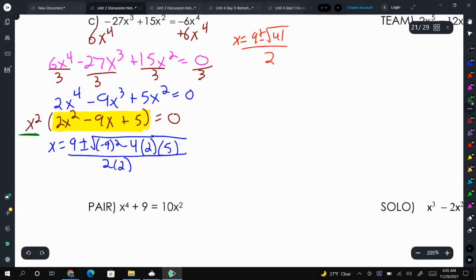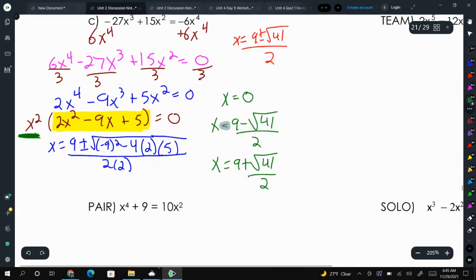We also have to worry about this x squared, so my solutions are going to be x equals 0, x equals 9 minus the square root of 41 over 2, and x equals 9 plus the square root of 41 over 2.